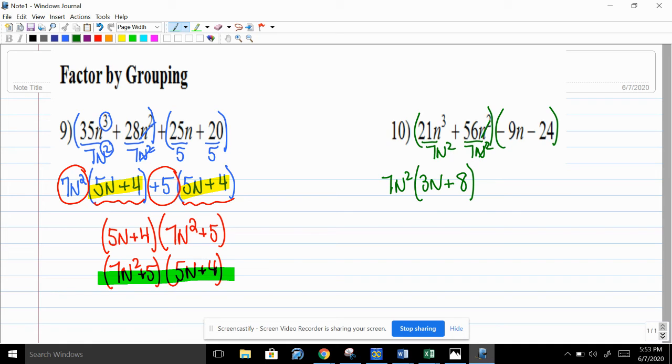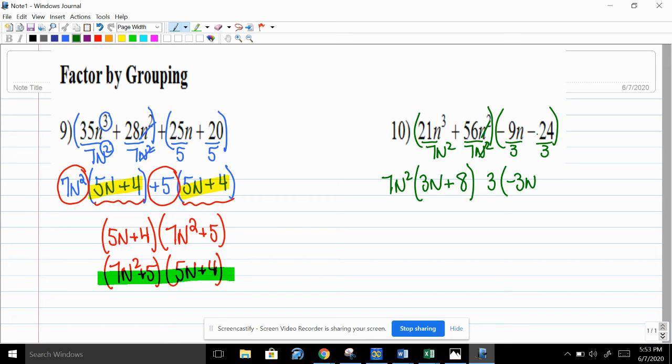Now something a little tricky happens here because we had a minus in the middle. So I'm going to leave the middle empty for right now. Watch what happens. When you take away a 3, which is the number you're going to take out because those are two numbers that are evenly divisible by 3, and I put a 3 on the outside, watch what happens here. -9 divided by 3 is -3.